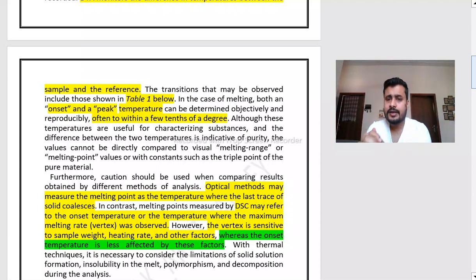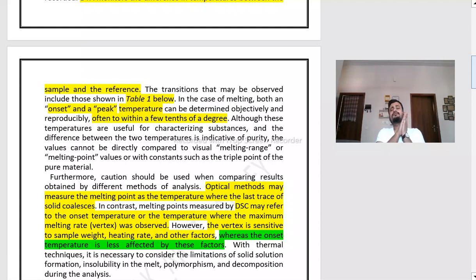In the case of melting, both onset and peak temperature can be determined objectively and reproducibly, often within a few tenths of a degree. It means that if you use a DSC to characterize your substance, it is necessary to find the onset and the peak temperature, and they are reproducible within a few tenths of a degree.